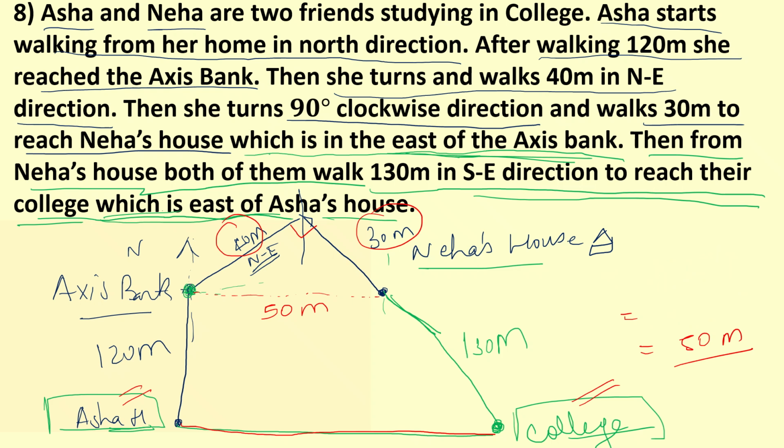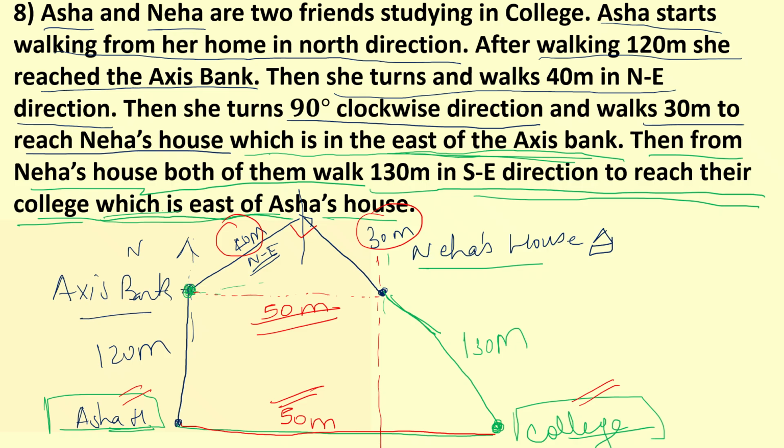Now, if that is 50 meter, then this will also be 50 meter. Understanding, correct? So till here will be the 50 meter. Now this is the rectangle form. If this is 50 meter, this will also be 50 meter.